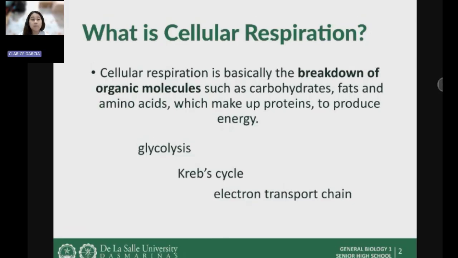There are three processes involved in cellular respiration: glycolysis, the Krebs cycle or citric acid cycle, and the electron transport chain. Now, the overall cellular respiration equation is C6H12O6 plus 6O2 yields 6CO2 plus 6H2O plus ATP.